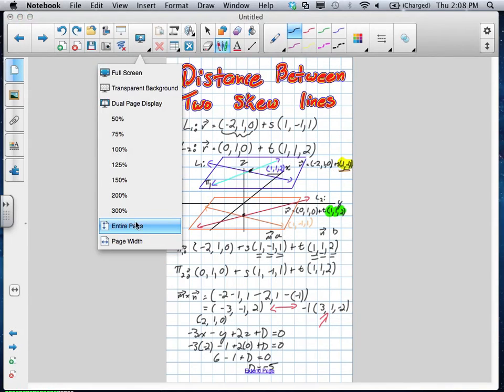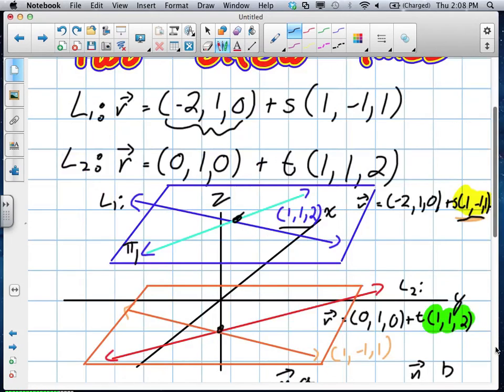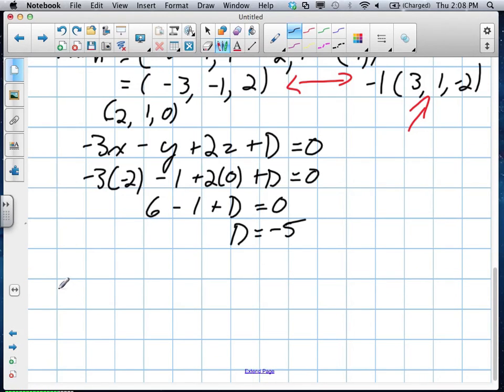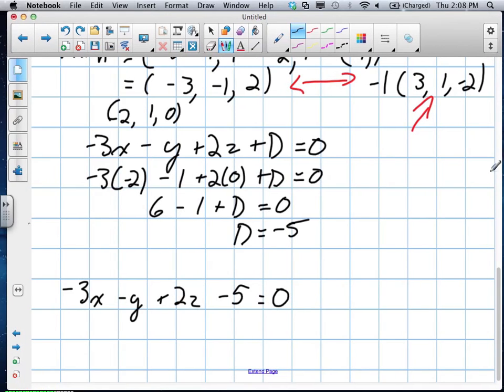We'll zoom in here. So it is written as 3x minus y plus 2z minus 5 is equal to 0. Okay? What we now have to do is, because we're finding the distance between a point and a plane, we have to compare the other point.